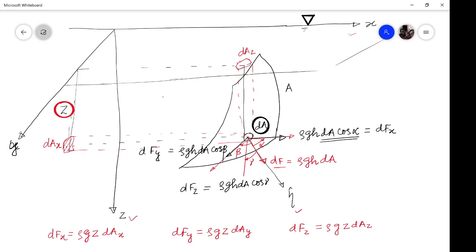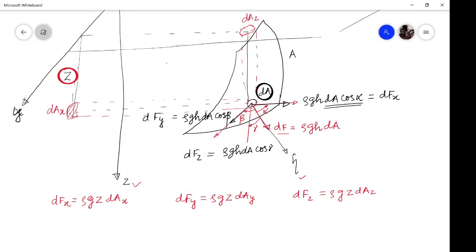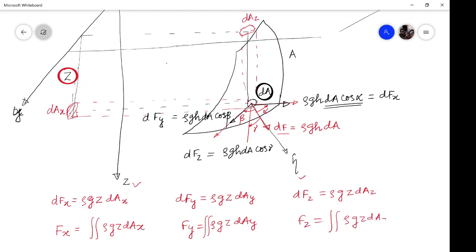Now if you integrate these, then you will get the forces: Fx is the integral of rho g z dAx, Fy will be the integral of rho g z dAy, and Fz will be the integral of rho g z dAz.